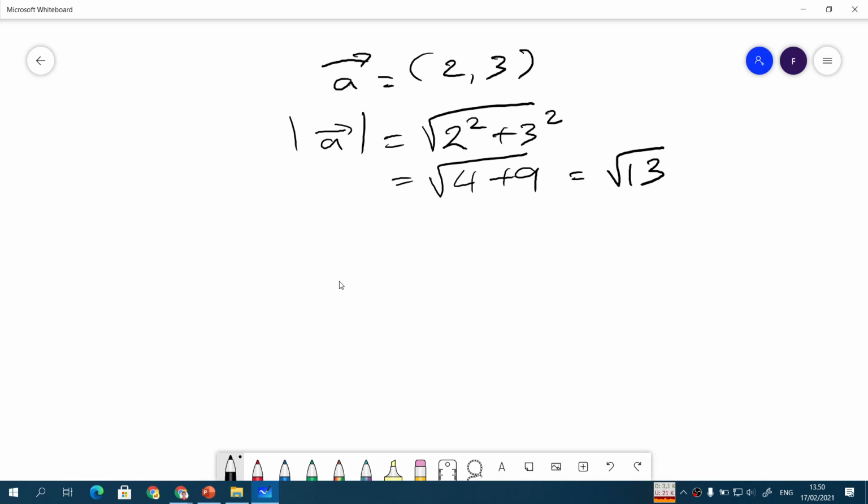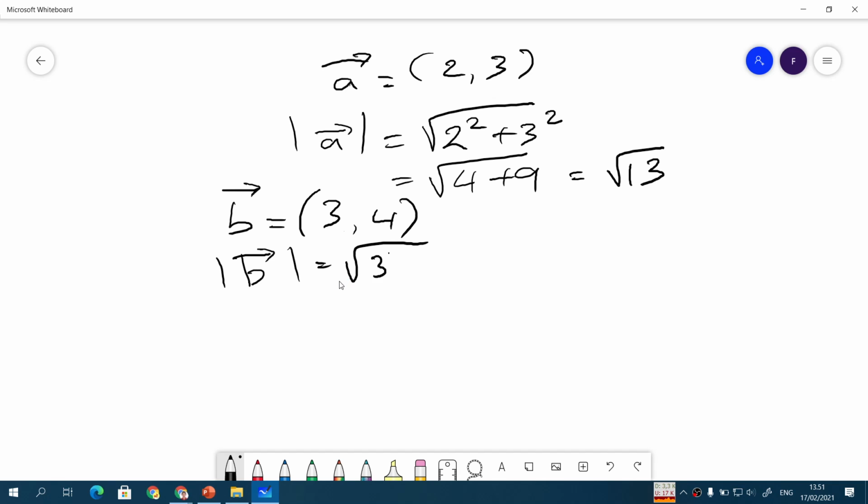Okay, another example. I will use a special value here. Let's say I have the vector p, which is something like 3 and 4. And then we calculate the length first.